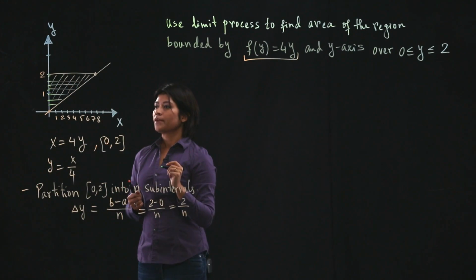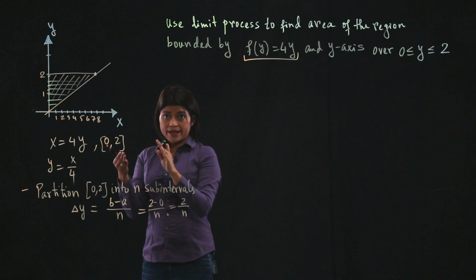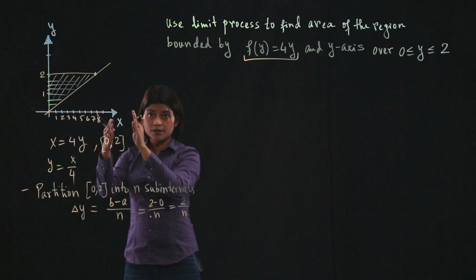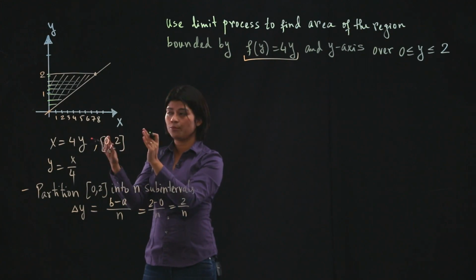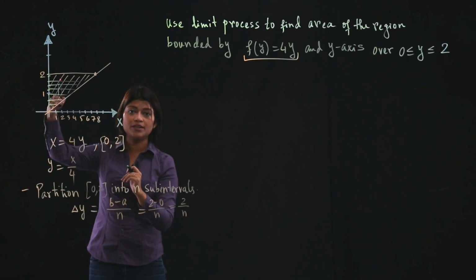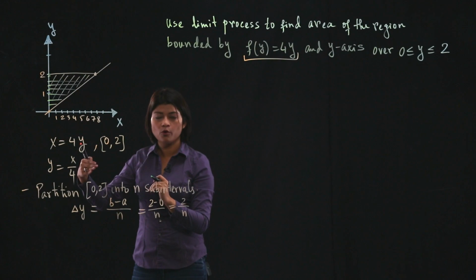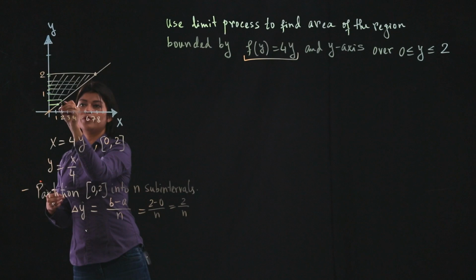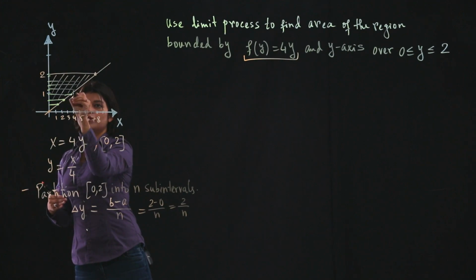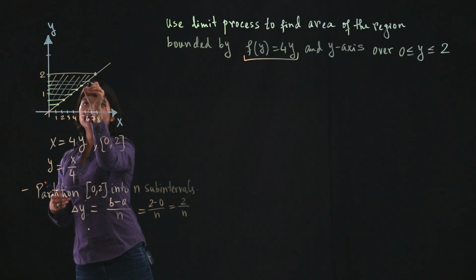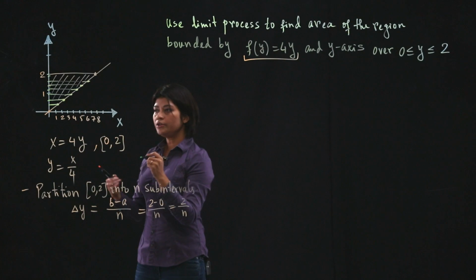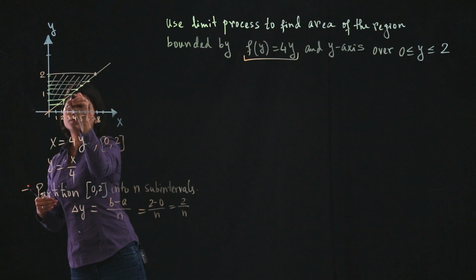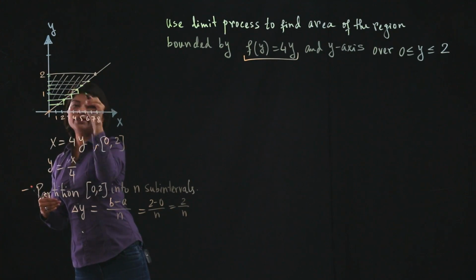Now, like when we use the left or right endpoint for the x-axis, you can use any endpoints. In this case, you can use upper or lower endpoints. So let's say we want to use the upper endpoints of each one to find the length. If you do use the upper endpoints, the rectangles look like this.